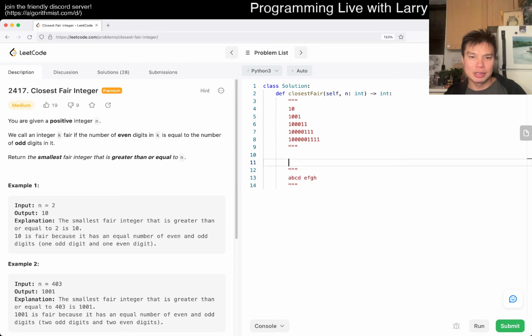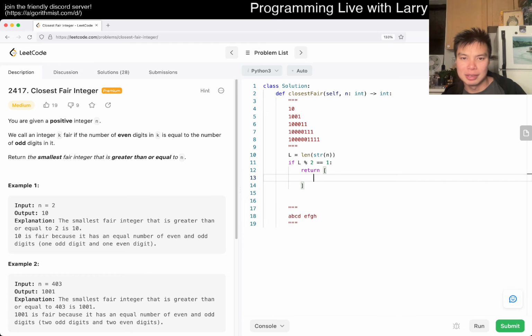So yeah, okay. Then I still want to round up just because I feel like that will save us some time anyway. So length is equal to this thing, say, right? If length is equal to odd, then we return something like this, right?